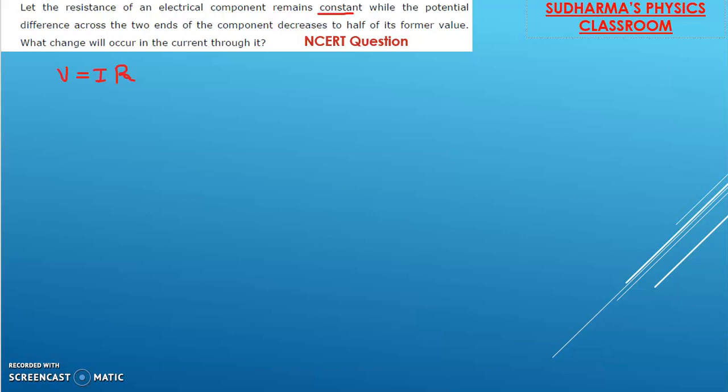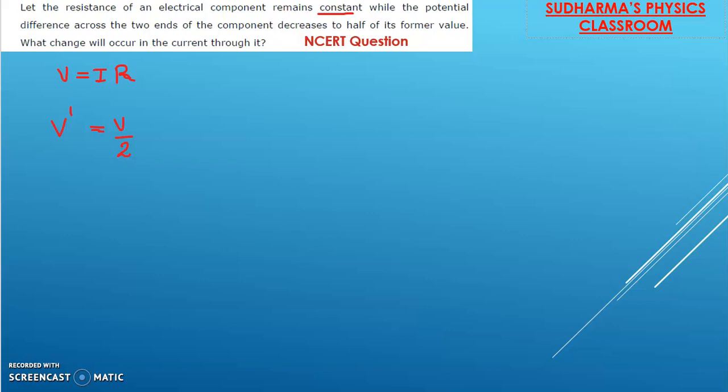So the first value I have taken as V, and in the second case, let me take it as V dash. That means V dash, the new voltage, is V divided by 2. Right? So now they are asking what change will occur in the current through it.